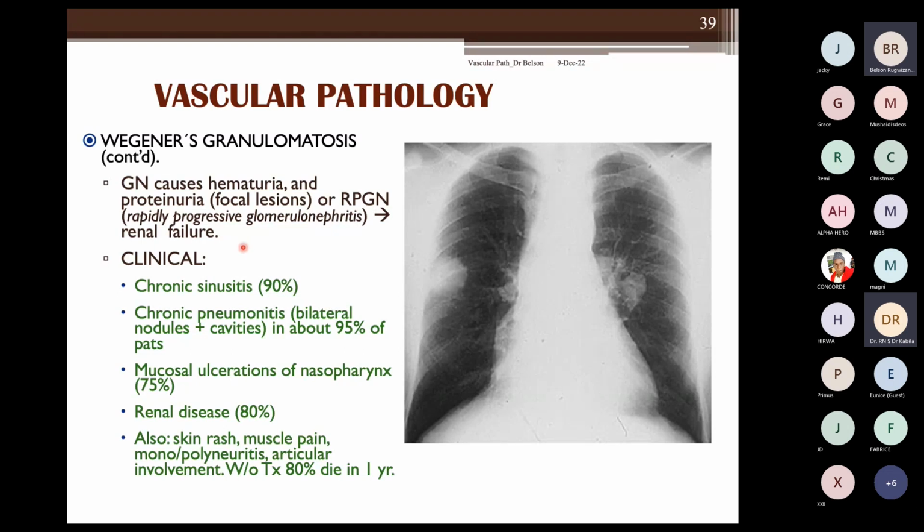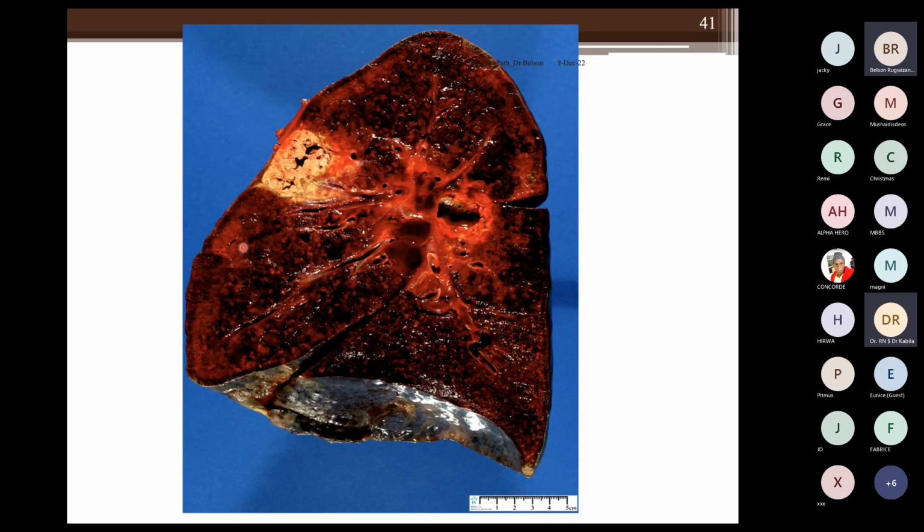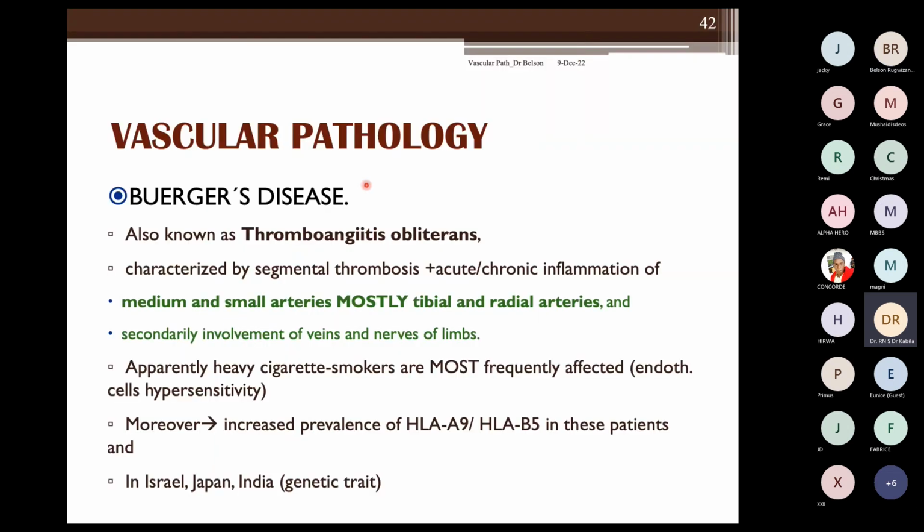So this is not just a simple disease. It is systemic. It affects many organs. In one person it may affect the head and neck, in another the kidney, similar to systemic lupus erythematosus. Okay, so this is the lung showing areas of necrosis. So another disease, Buerger disease.